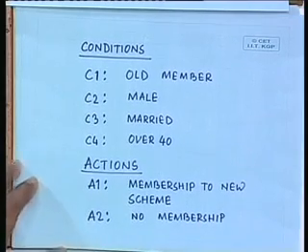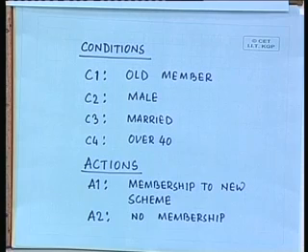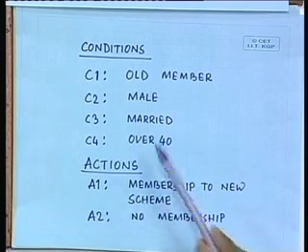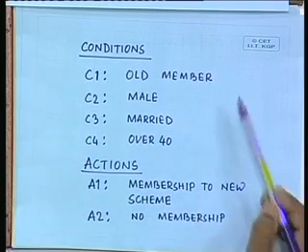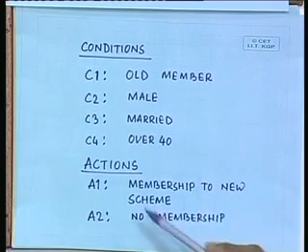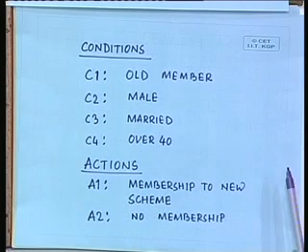Fine. So we have decided the membership to the new scheme as well as no membership. Now, you can always draw the decision table to begin with. To draw the decision table, how many boxes should there be? There should be 16, because there are 4 conditions and each can have 2 options, true or false. So we can have 16 combinations and we can specify the actions accordingly.